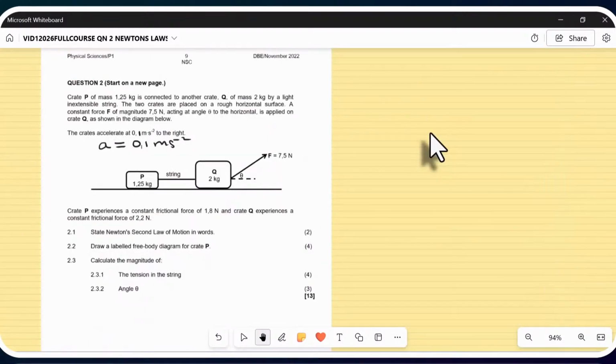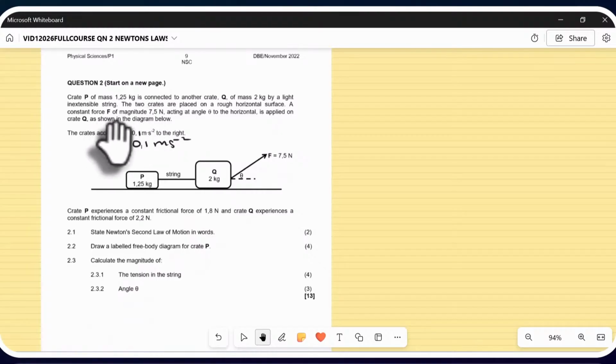Oh yes, November 2022, question 2. A crate P of mass 1,25 kg is connected to another crate Q of mass 2 kg by a light inextensible string. The two crates are placed on a rough horizontal surface.